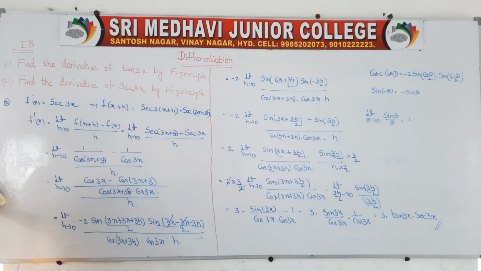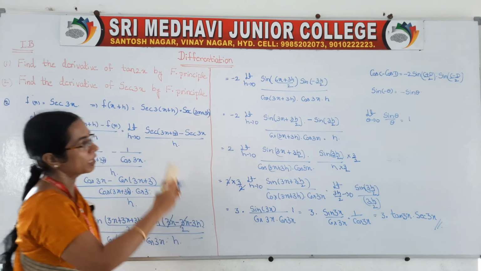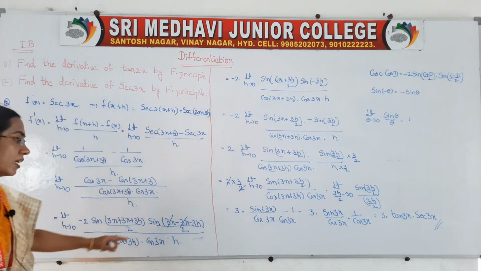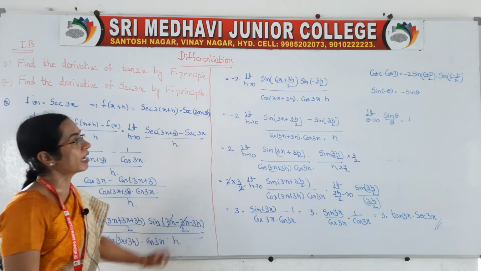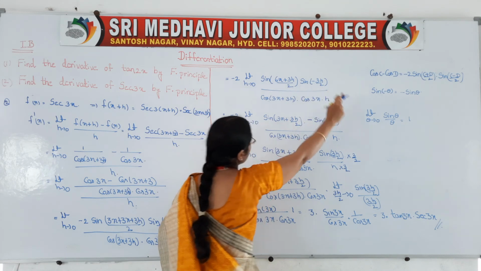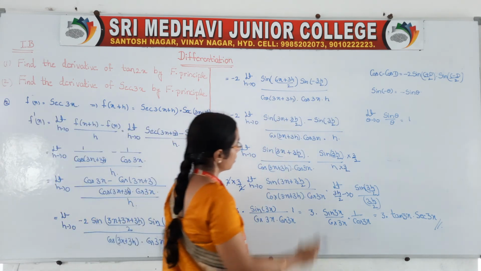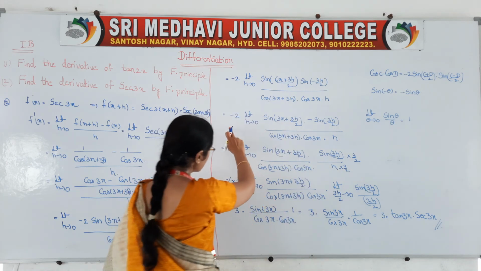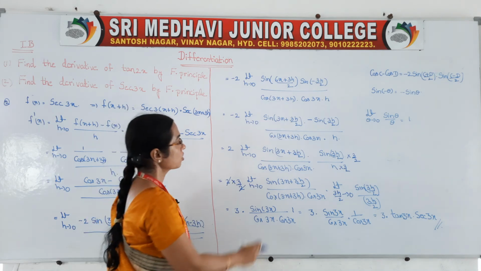After that we applied the trigonometry formula, cos c minus cos d is equal to minus 2 sin c plus d by 2 into sin c minus d by 2. Here plus minus cancels. Then we applied sin of minus theta is equal to minus sin theta, so minus of minus is plus, and 2 into limit h tends to 0.